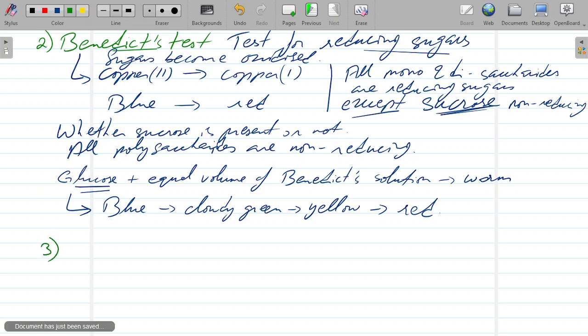The third test is testing for proteins, and that is called the Biuret's test, for proteins.